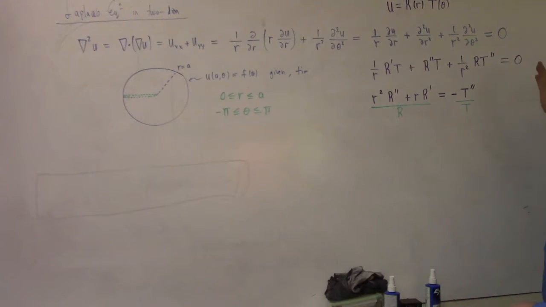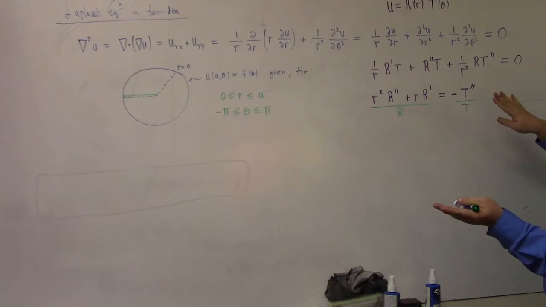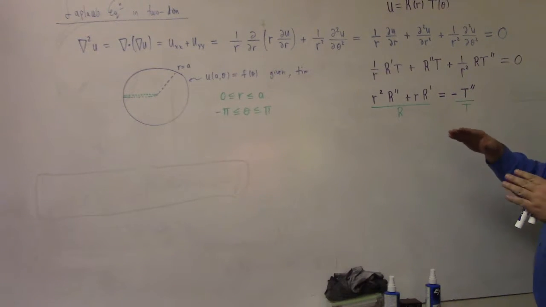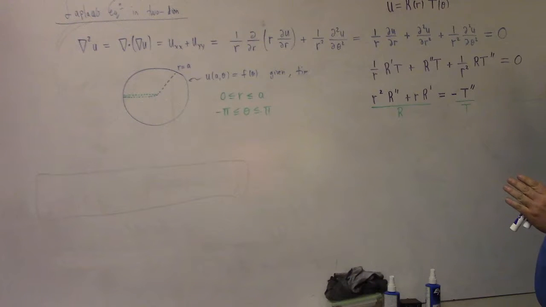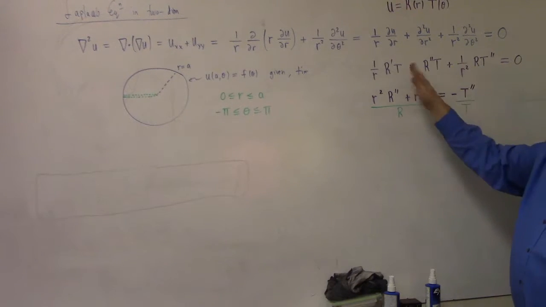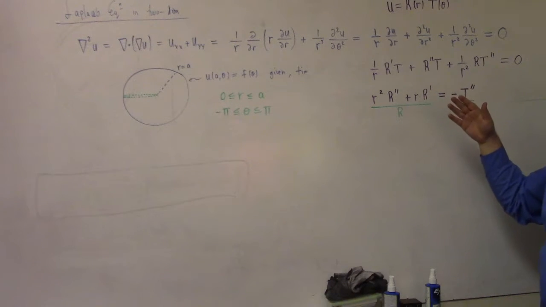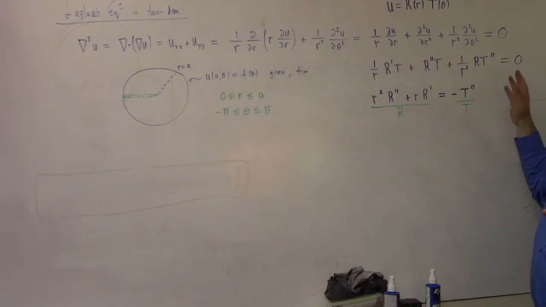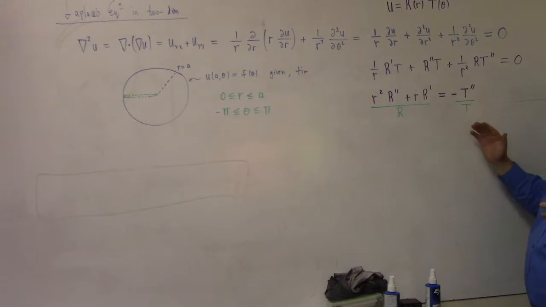Again, what I'm doing here is multiplying the whole thing by r squared, moving the T prime prime term over here, which gives me a minus. Then I divide the whole thing by R T. The T's cancel on the r derivative terms, and the R cancels in the T derivative term. And now we're to our happy place.